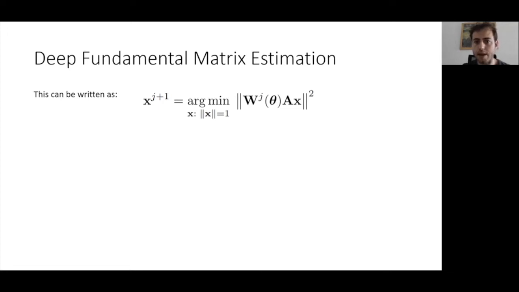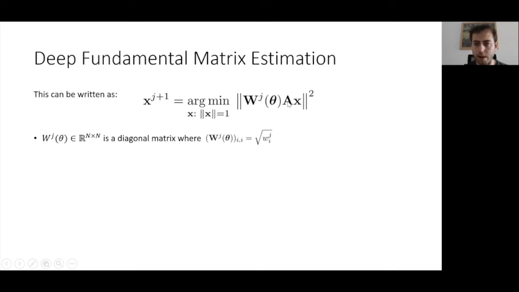The idea is that there is a network with some weights, theta, that is used to weight the correspondence set. In this notation, they're using a diagonal matrix W of size n by n, such that its diagonal entry is the square root of the weight, the same notation as before, but in matrix form.